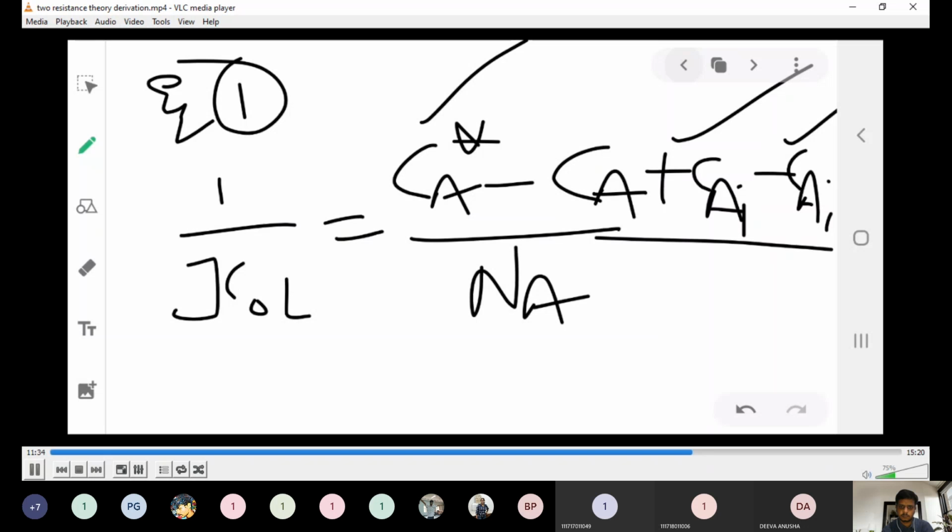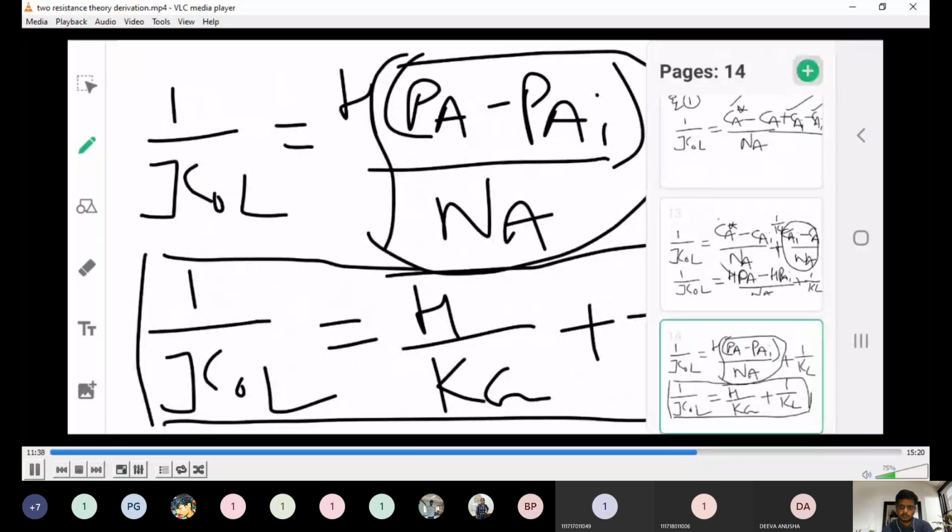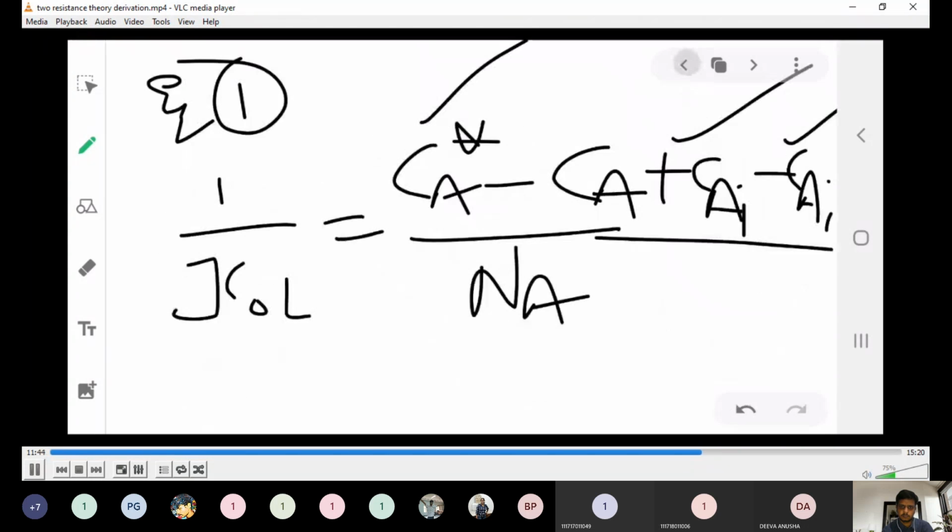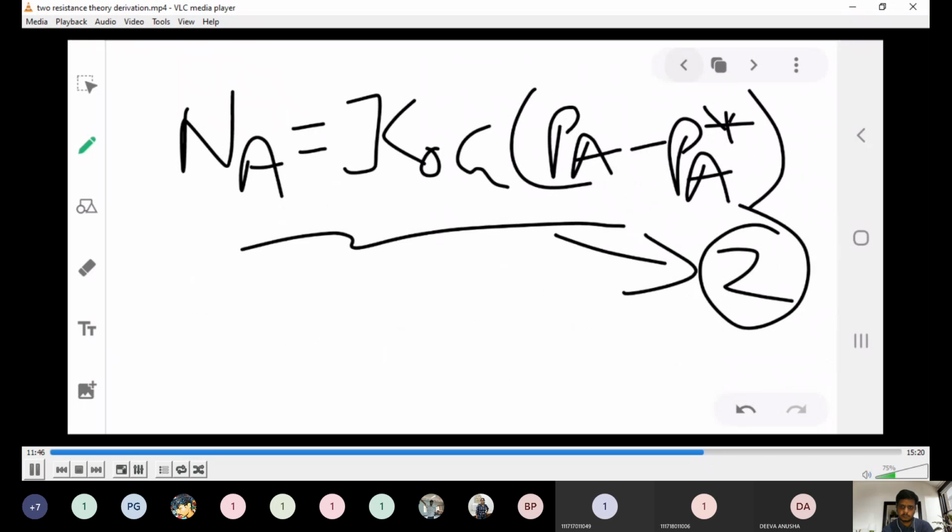Similarly, from equation 2, you can write. Then what is this equation 2? Equation 2 is this one. NA is equal to KOG.